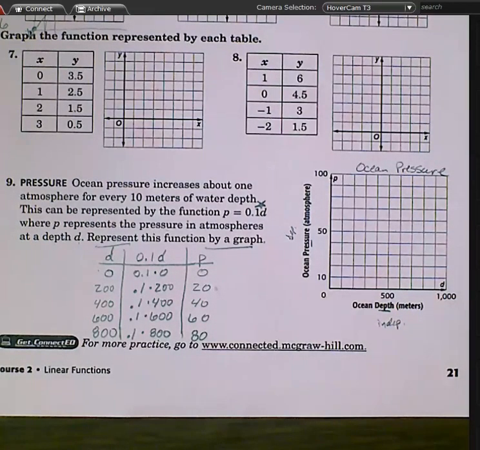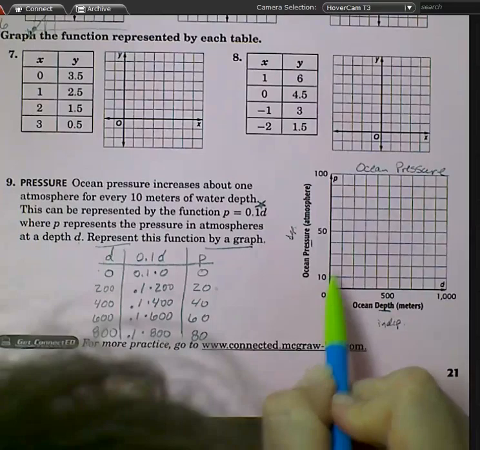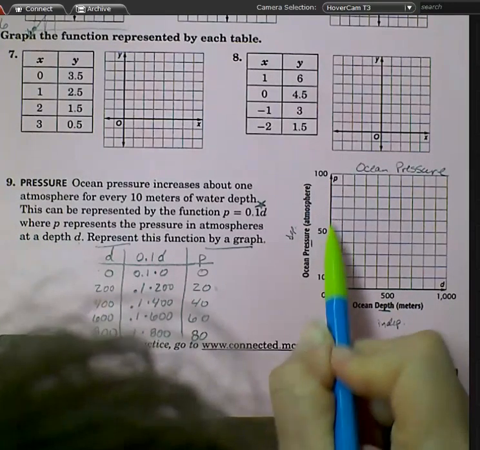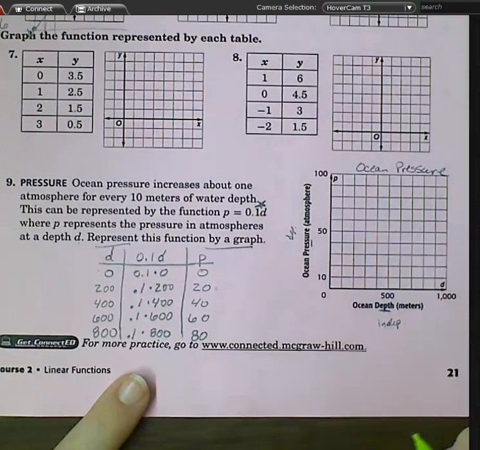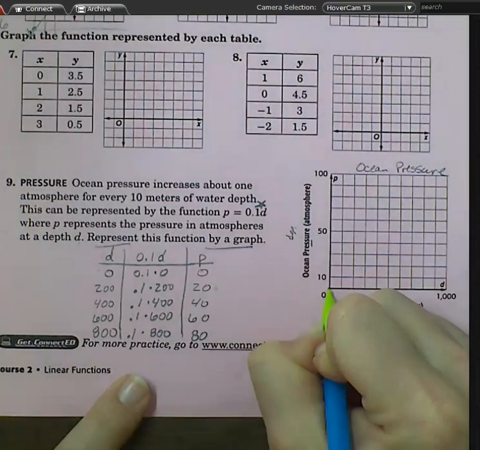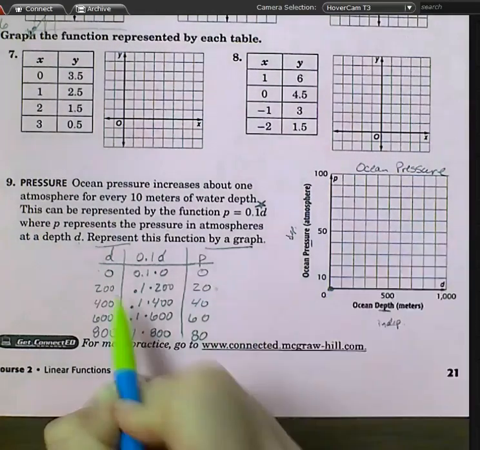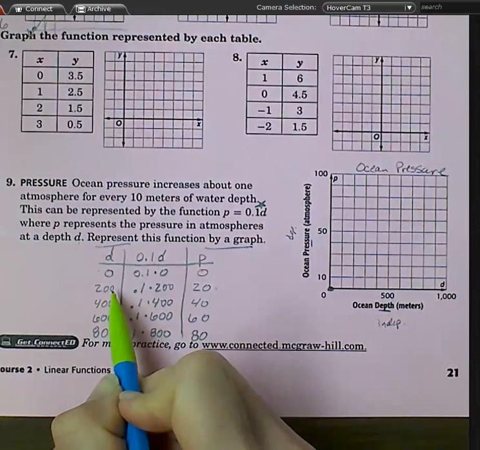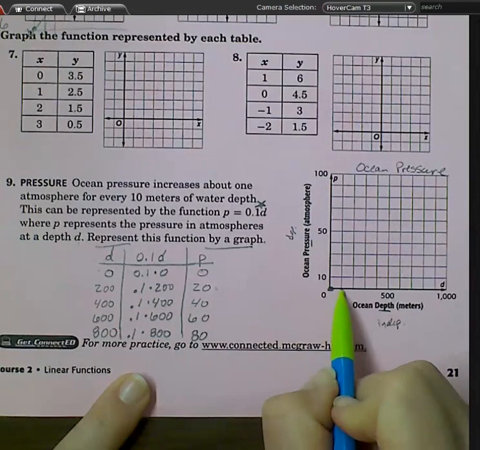What's next? You have to graph it. Now we're going to have to be careful, right? What are we counting by? 10, 20, 30, 40, 50. So each one of these, it looks like, is 10, right? And so 0, 0 is easy. That's the origin. Where is 200? Where is my depth of 200? Is it here?